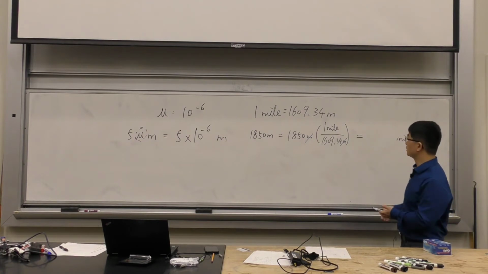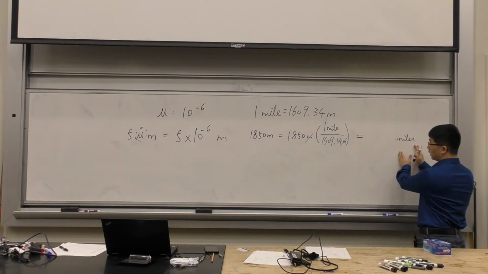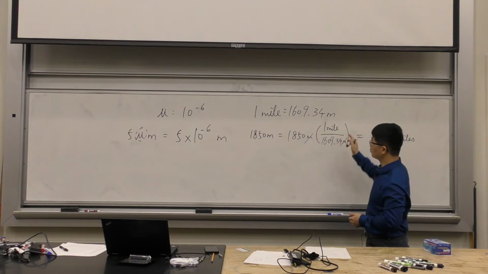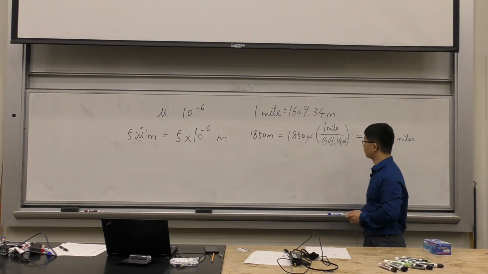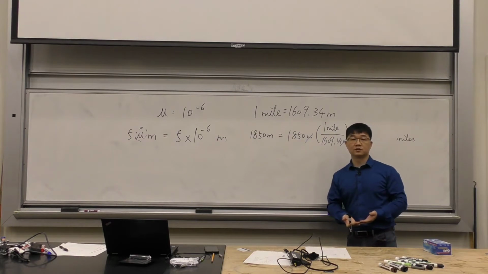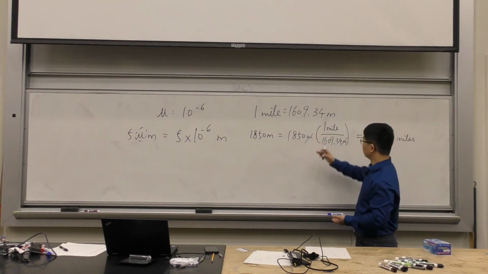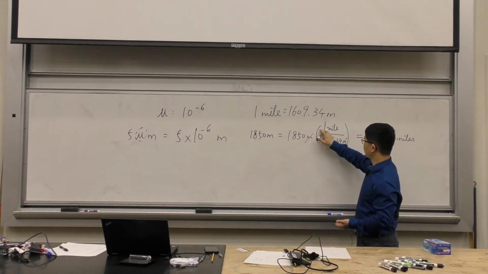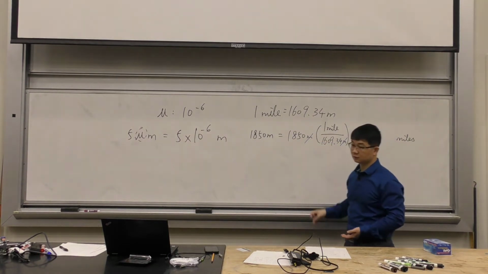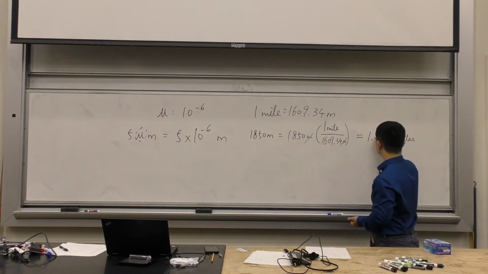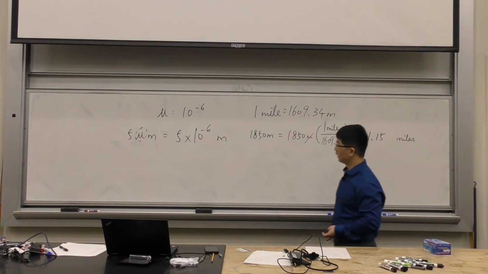So that is the unit you want at the end. That's how I figure out which one goes to the top, which one goes to the bottom. And then you can do algebra with these numbers: 1850 multiplied by 1 and divided by this number. That's going to give you 1.15.